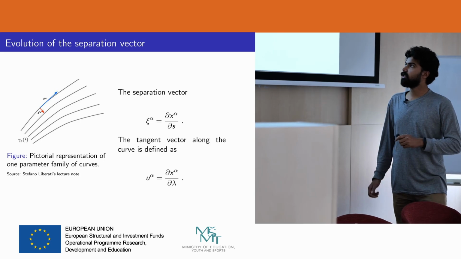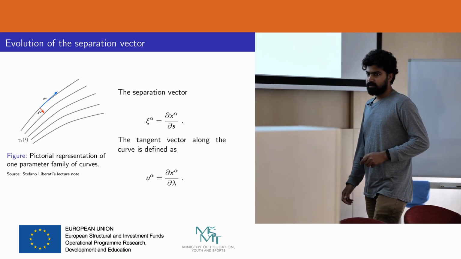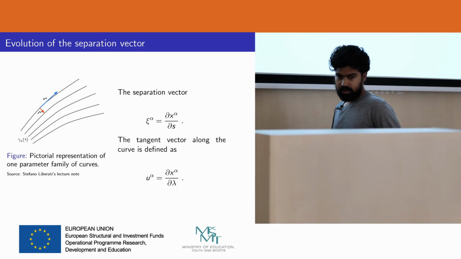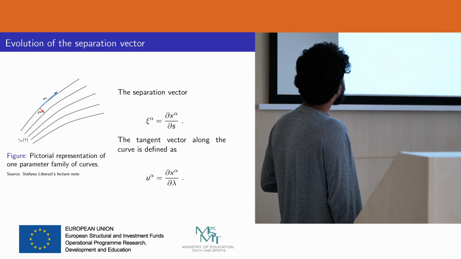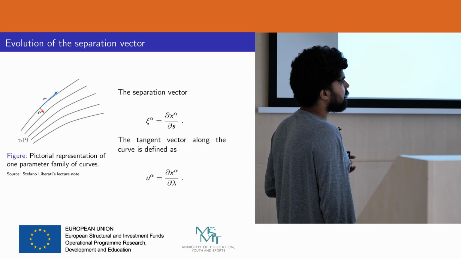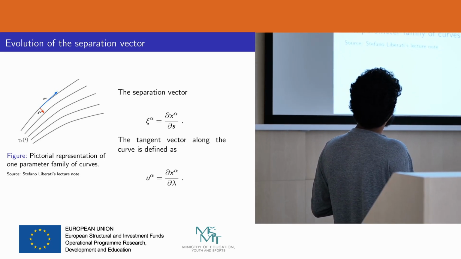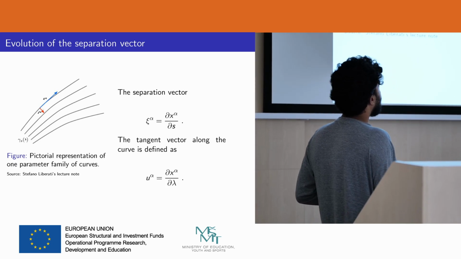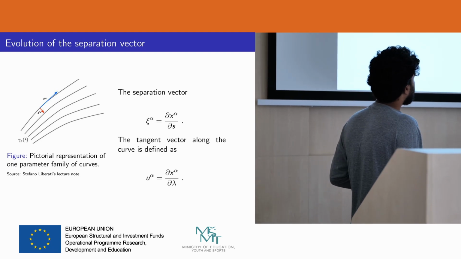So s is changing along this direction, and lambda is parameterizing the curve along the way. So lambda is the parameter that changes along the curve, and s is when we change from one curve to another.